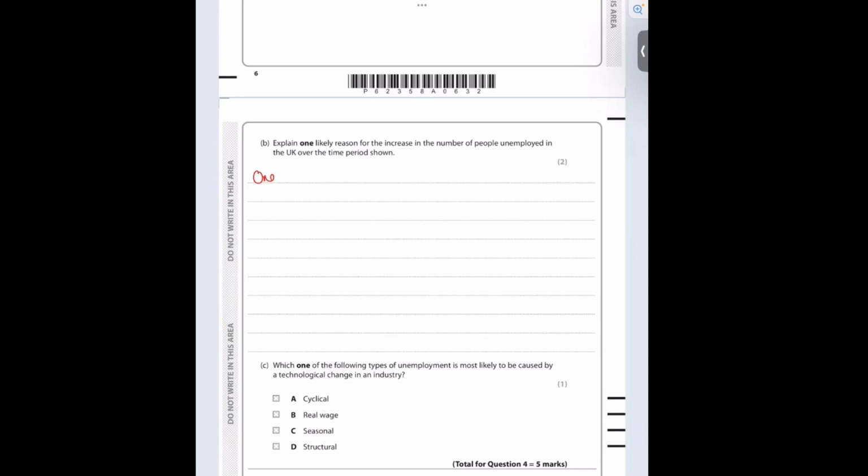So let's say one key reason is the number of households buying products online. This will reduce the demand for labor in high street shops.